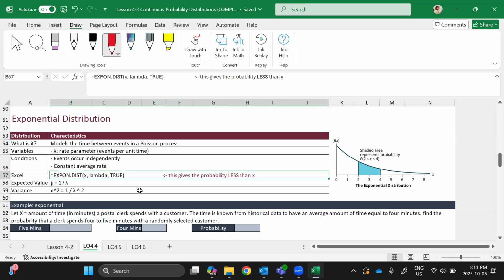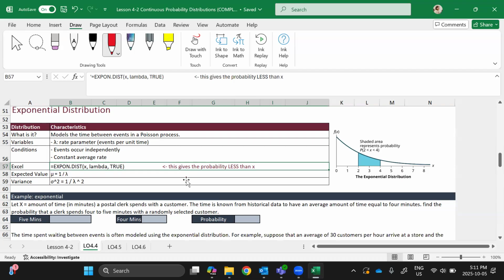There is a function for the exponential distribution in Excel. It's expon.dist, where you enter the x value you're concerned with, the rate parameter lambda, that's this symbol here, that's given in the question, and always set the last argument to true. When you set it to true, that will give you the probability that you're less than a value.